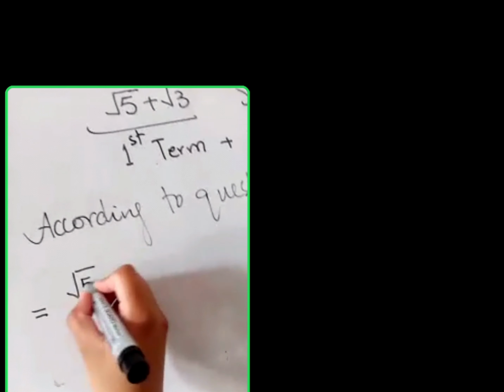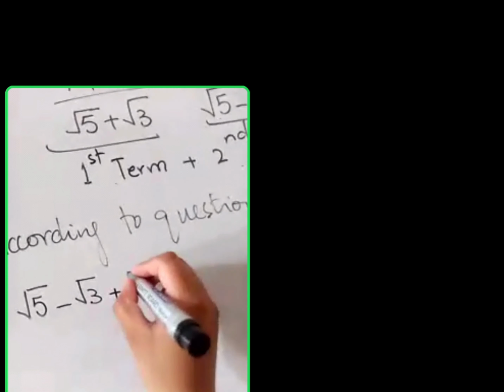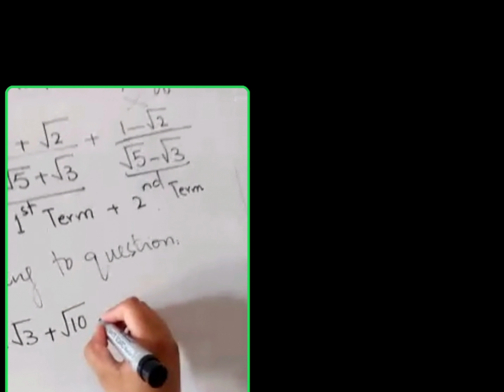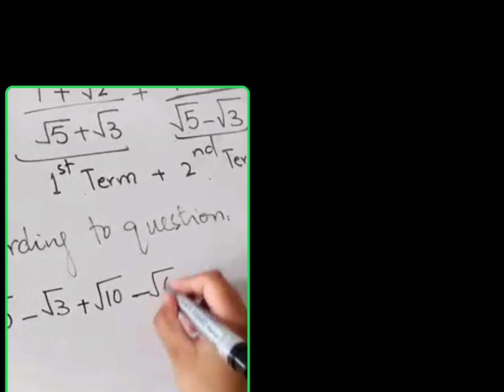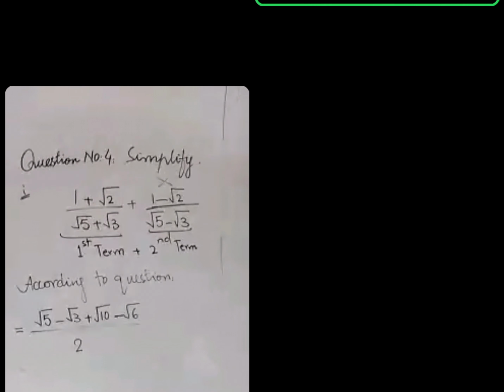At the place of first term, we will write down its solution that I solved. What was it? Square root 5 minus square root 3, plus square root 10 minus square root 6, divided by 2. Was this the solution for first term? Yes, ma'am. Okay.